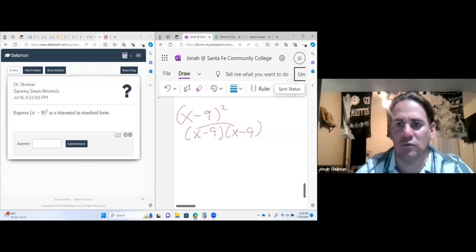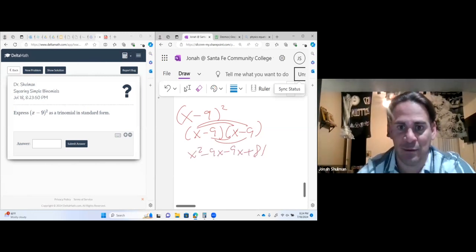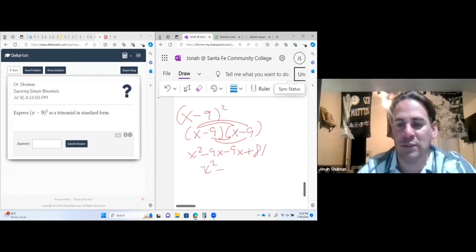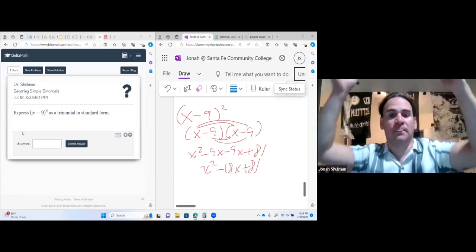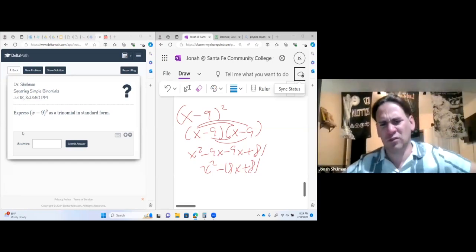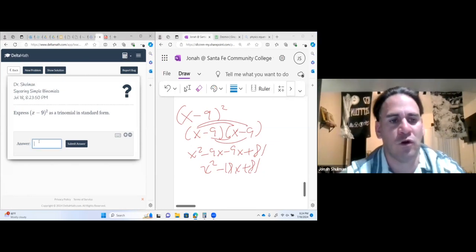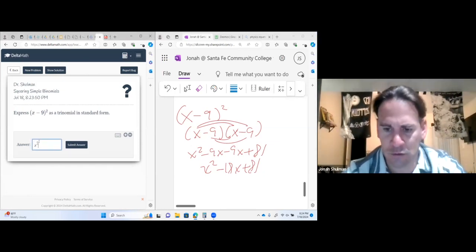I'm going to do my double rainbow. x squared minus 9x minus 9x plus 81. So it's x squared minus 18x plus 81. It's also a quadratic trinomial. Touchdown. Have them make names for the positive ones or touchdown. They usually call the negative ones suitcases because both their arms are down. But they're all good.